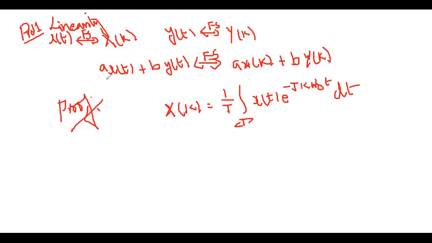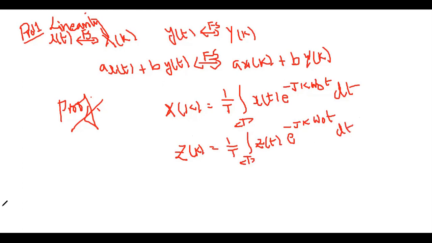So what is x of t? Assume this is the x of t signal. To avoid ambiguity, since x of k and y of k are already there, I am taking z of k and z of t as the time function. So 1 by T, the integral over T, of z of t e power minus jk omega naught t dt is z of k, where z of t is a into x of t plus b into y of t.